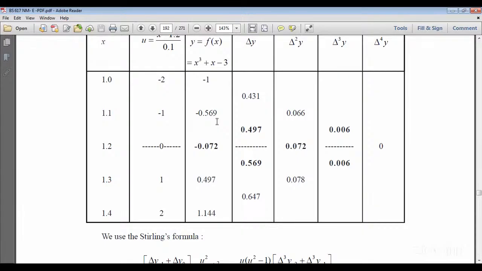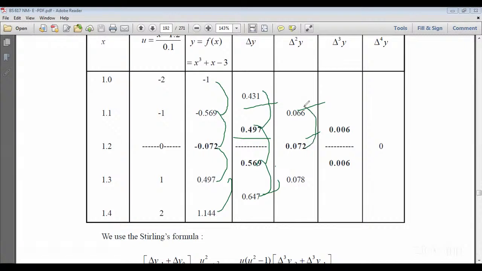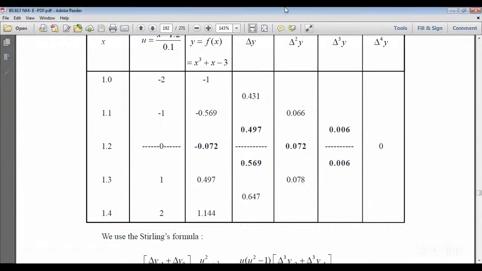After this statement, I have taken the minus here: minus 1, then minus 4, 0.431, 4.97, this is 569, this is 0.647, this is 0.06, this is 0.72, this is 0.78. The output values are written in the L4 line.